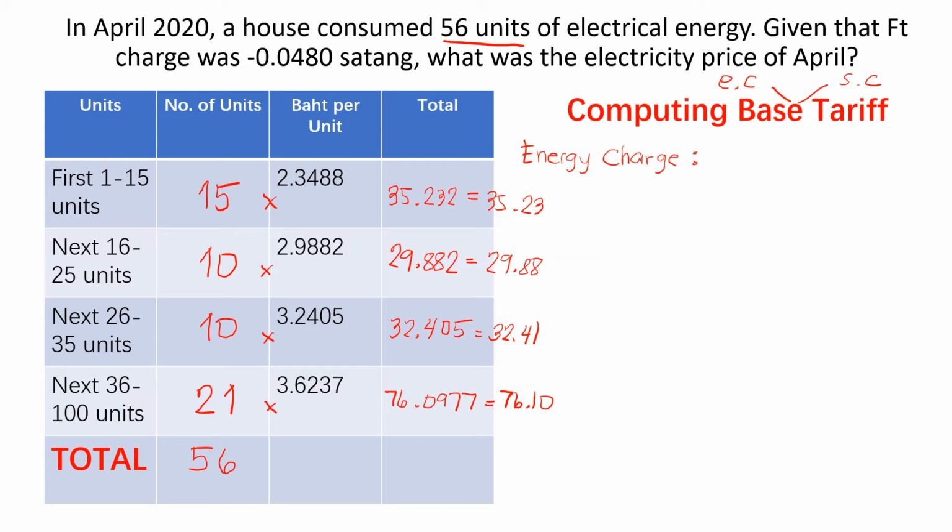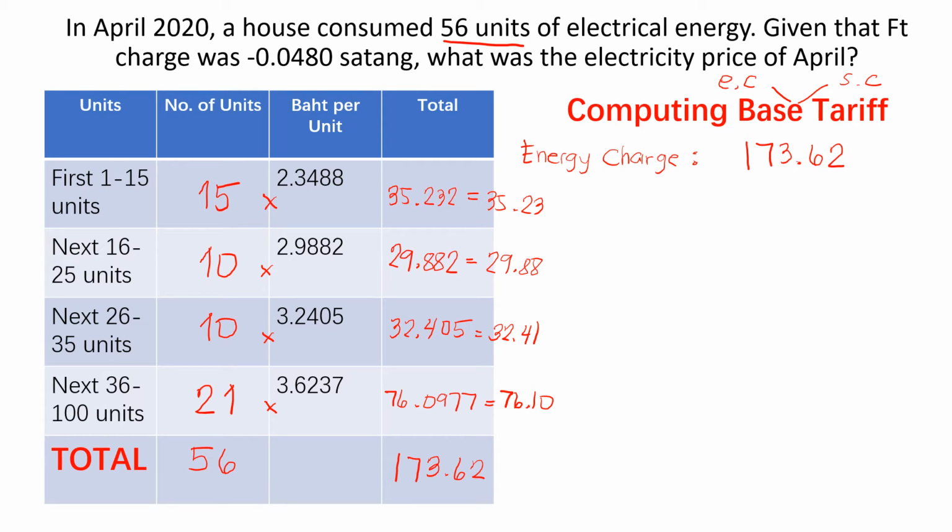So next thing to do is to add 35.23 plus 29.88 plus 32.41 plus 76.1, and you will get a value of 173.62. So therefore our energy charge is 173.62.